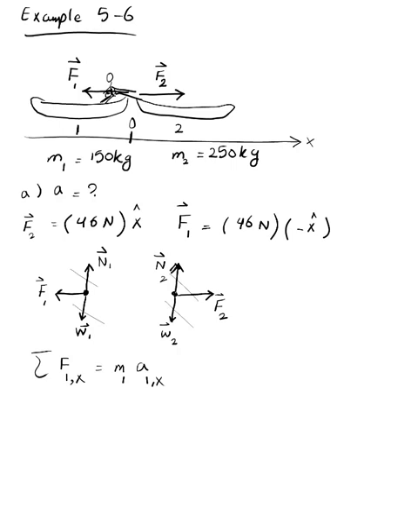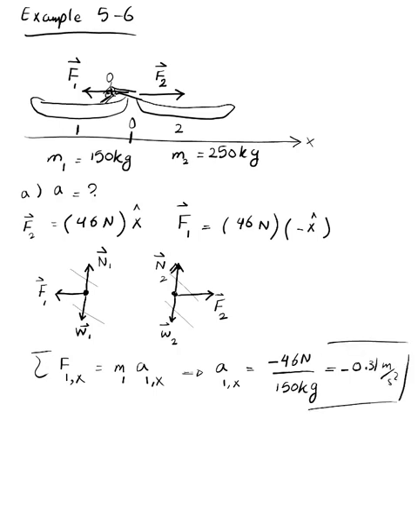So I can find the acceleration of the first canoe in the x direction: F1 is negative 46 newtons, because it is in the negative direction, divided by 150 kilograms. So it is going to have a negative acceleration, meaning it is going to accelerate in the negative direction, negative 0.31 meters per second squared. So this is for the first one.